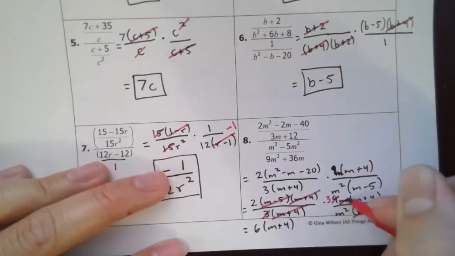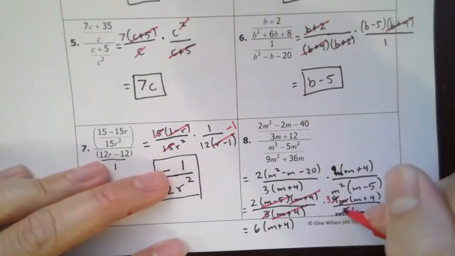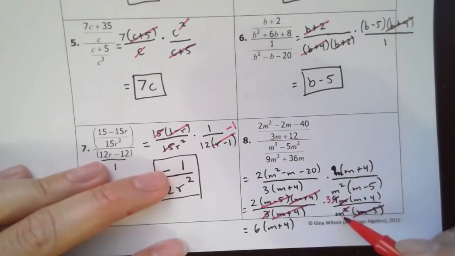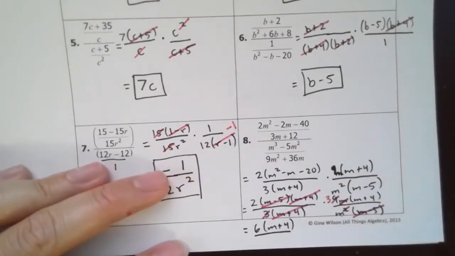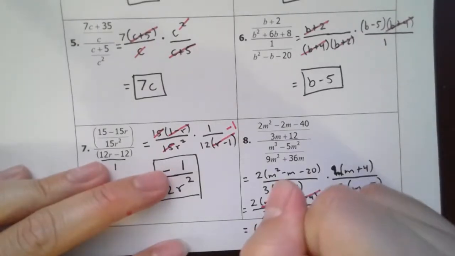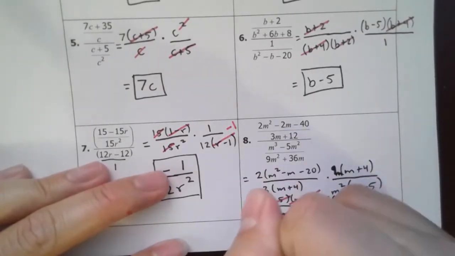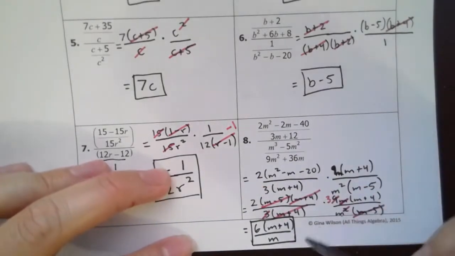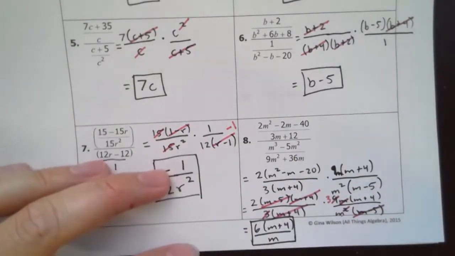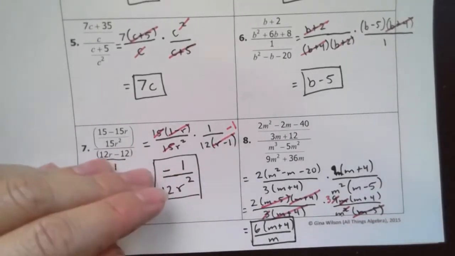This m here, there's an m squared in the denominator. So that m will cancel out 1 there, so I get left with just 1 m in the denominator. So over m. Yeah, that's it. Okay, that was a tricky one. So just pause and look at everything that canceled out, and you'll verify that it's this solution here.